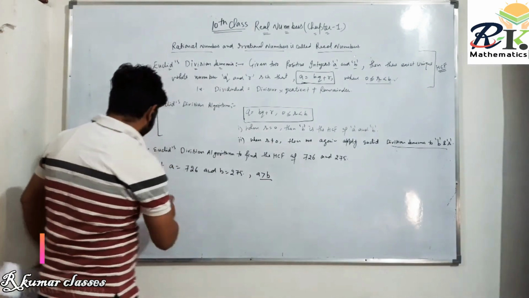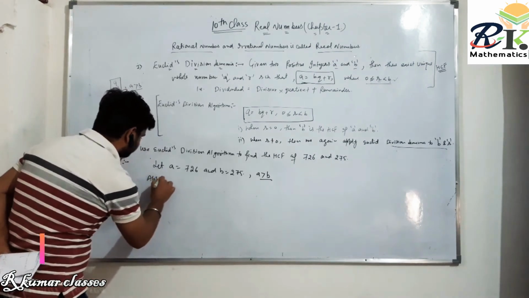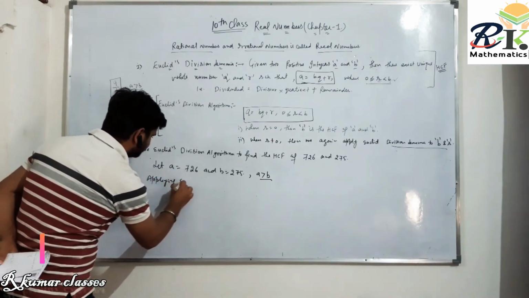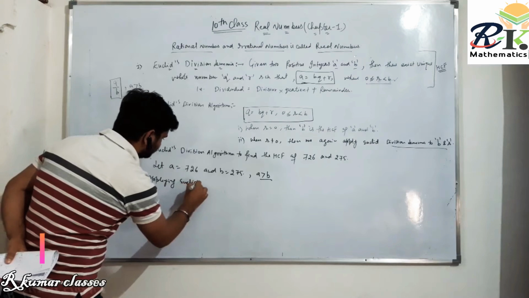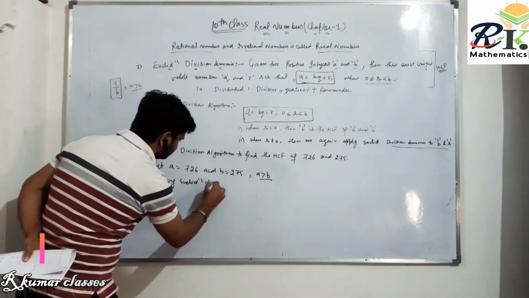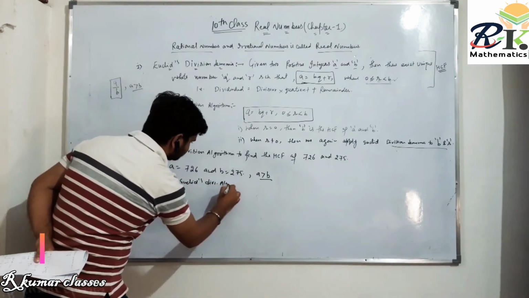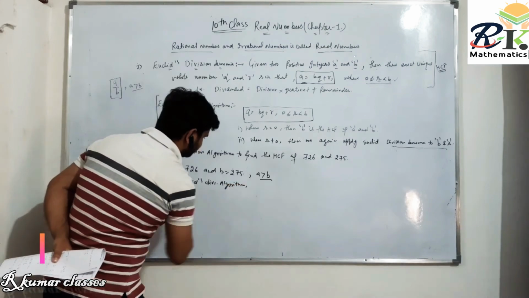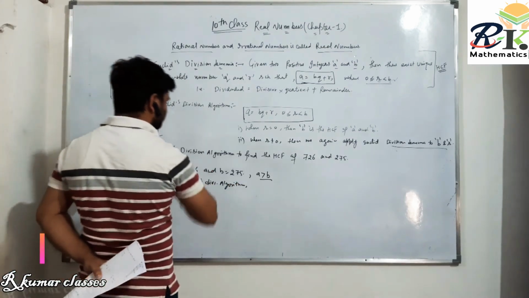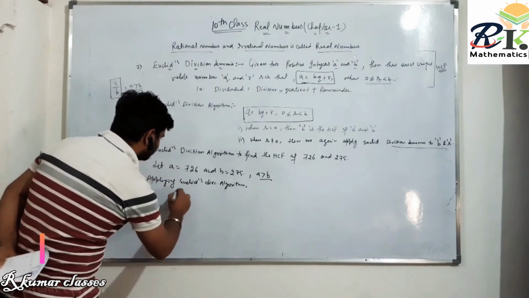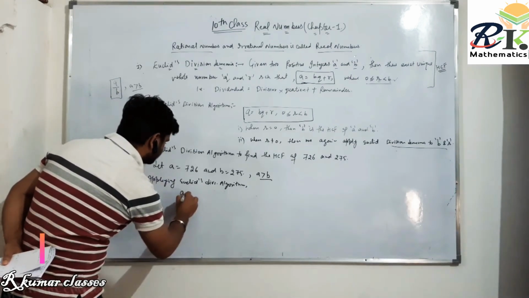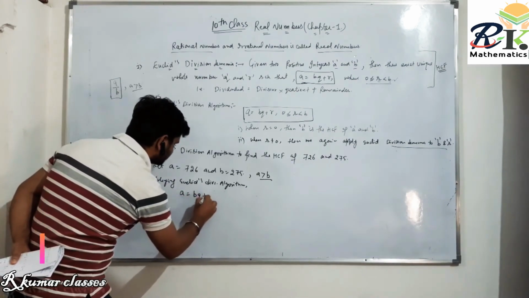So we apply Euclid's division algorithm, taking a is equal to bq plus r.